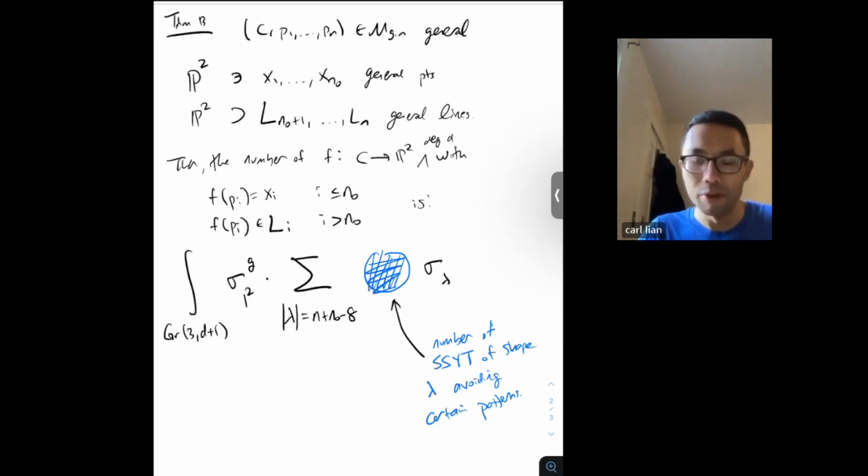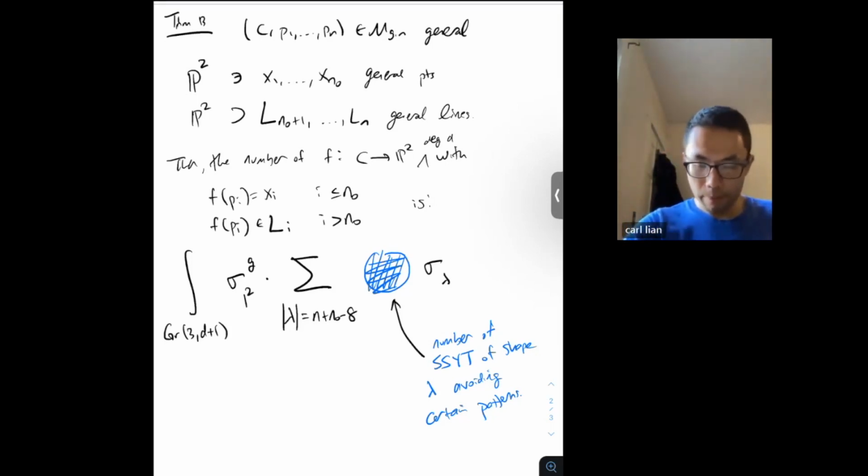The reason I stated this for P^2 is that I can actually tell you which SSYTs you're supposed to take for plane curves, and then in higher dimensional projective spaces, it's a little bit unclear. Okay, but for P^2, there is a precise theorem which I'm not stating.